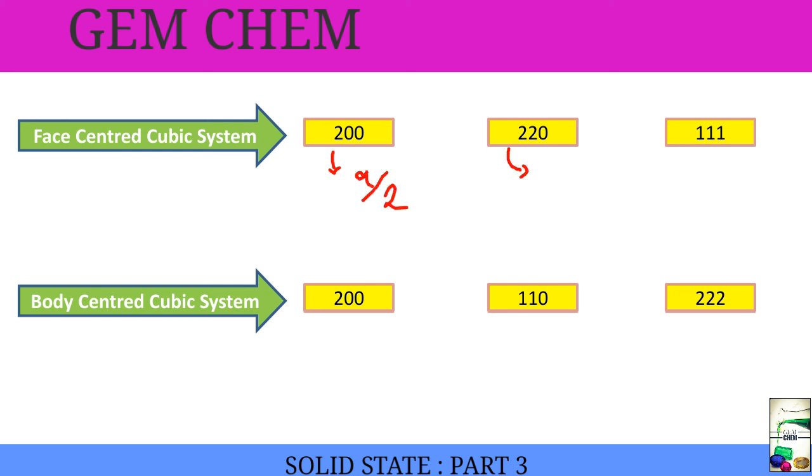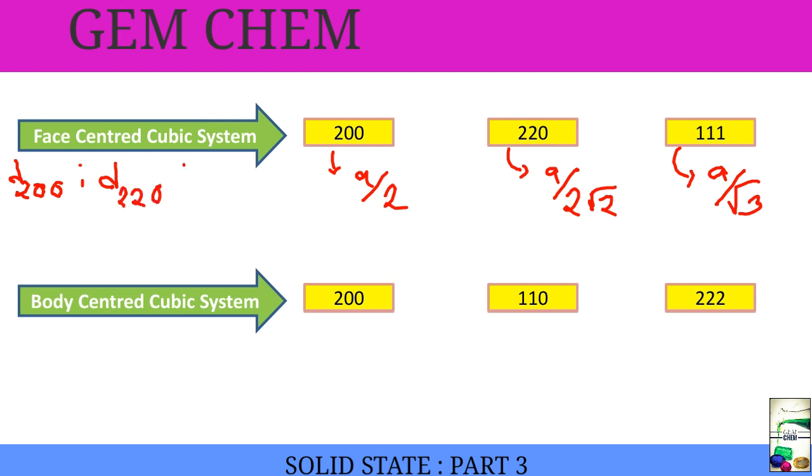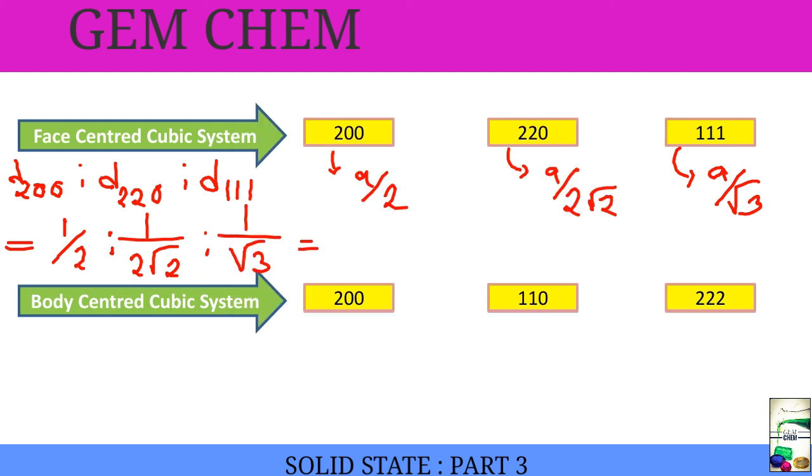For this it will be a by 2 root 2, and for this one it will be a by root 3, and the ratio d200 is to d220 is to d111 will be 1 by 2 is to 1 by 2 root 2 is to 1 by root 3, and the value will come to be 1 is to 0.707 is to 1.154.